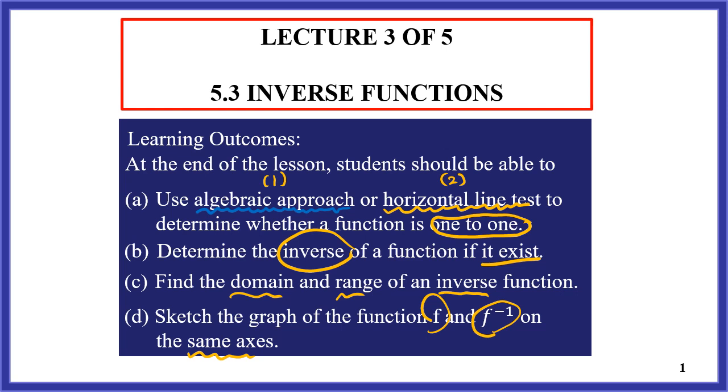And then, we can try to determine the inverse of a function if it exists. So how can we know that the inverse exists or not? So we will learn it together. And then, as usual, for a function, we need to know how to find the domain and the range, and also to sketch the graph of the inverse. But not only the f inverse, we need to sketch the graph of the original function f and its inverse on the same axis.